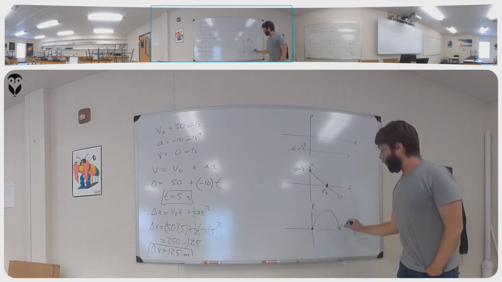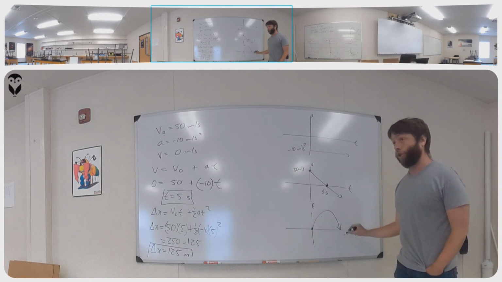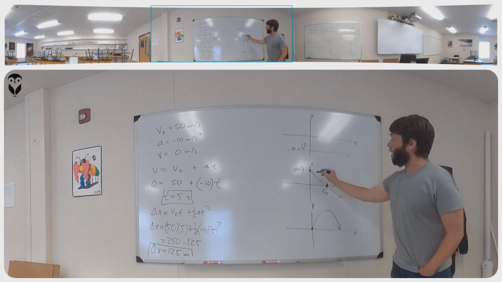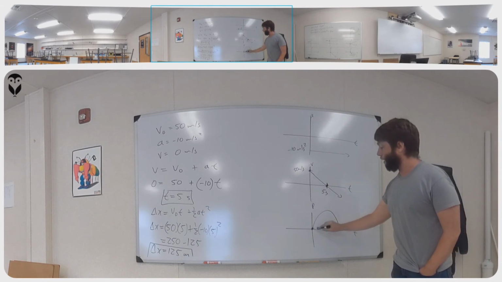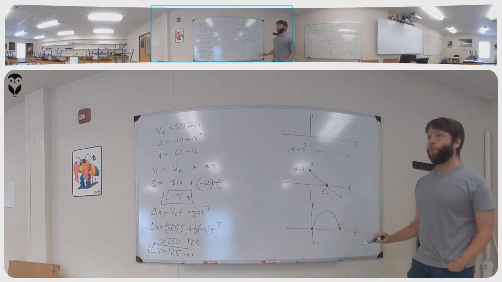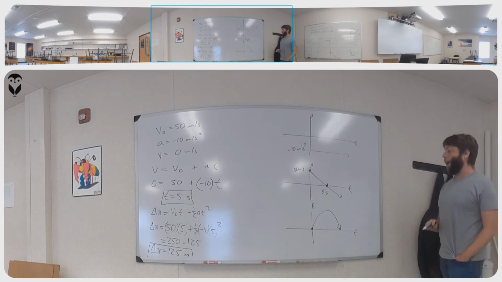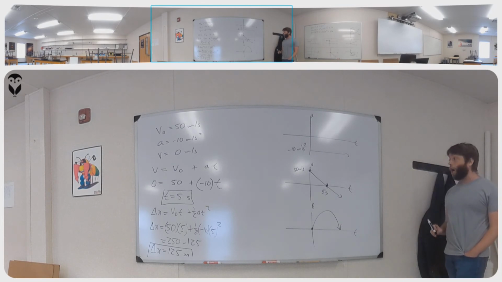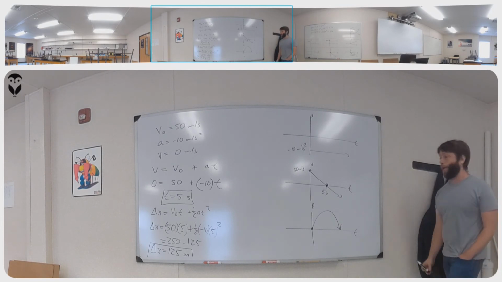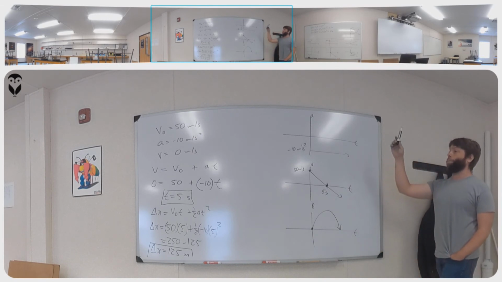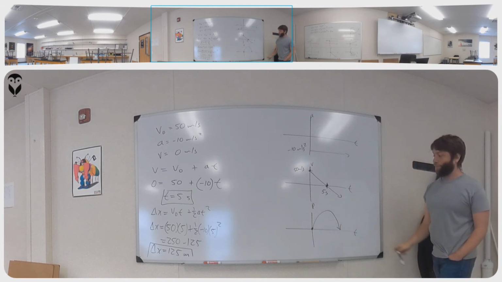This portion of the graph should look familiar to you. That's the downward curve. However, because the velocity started out positive, there is a period of time where we are going to slow down. So we have to draw the complete upside down parabola in order to show the nature of this object. Slowing down as it goes up and then speeding up as it comes down.